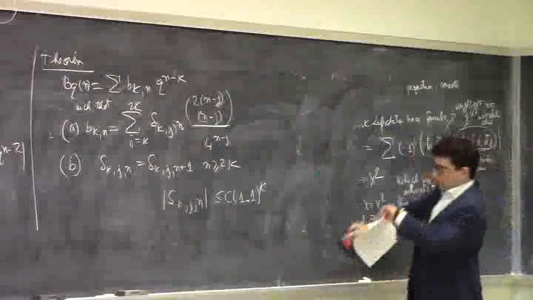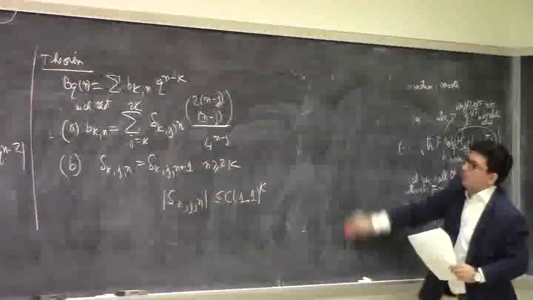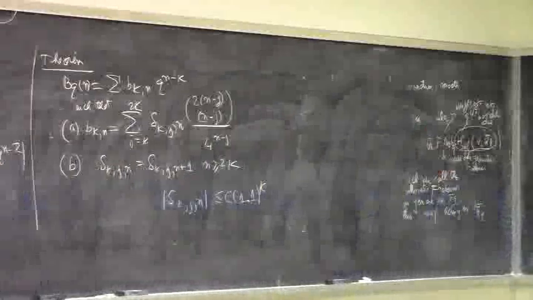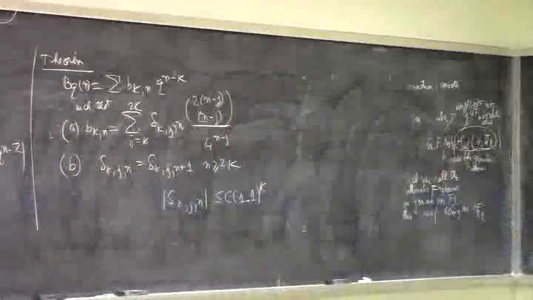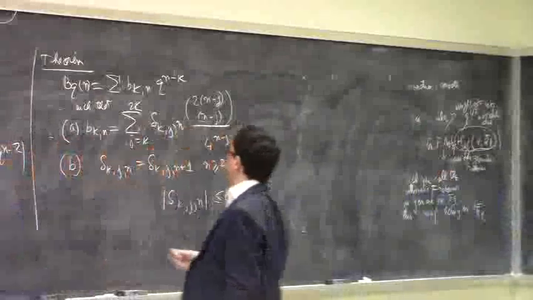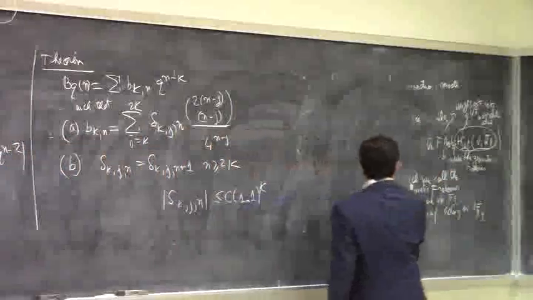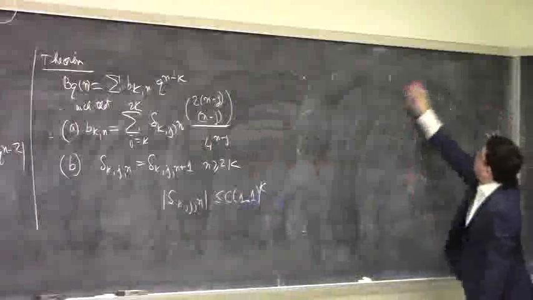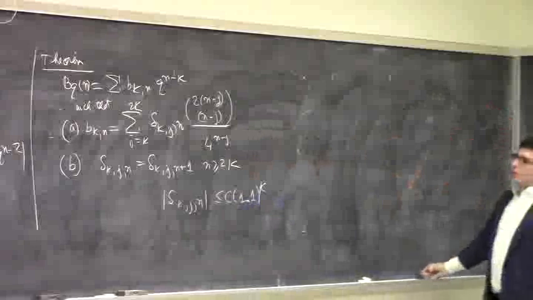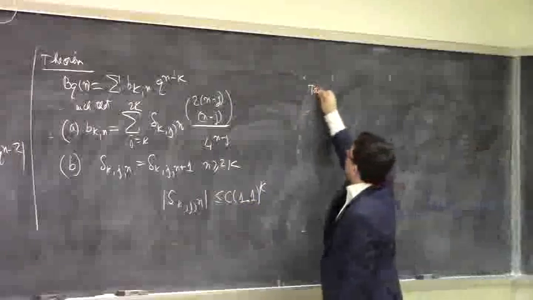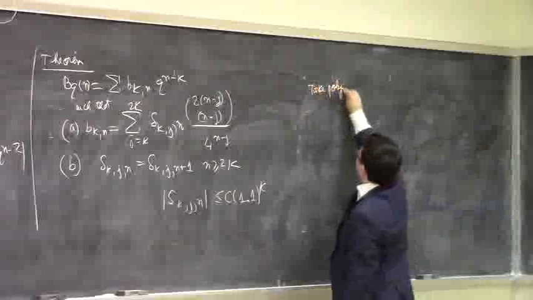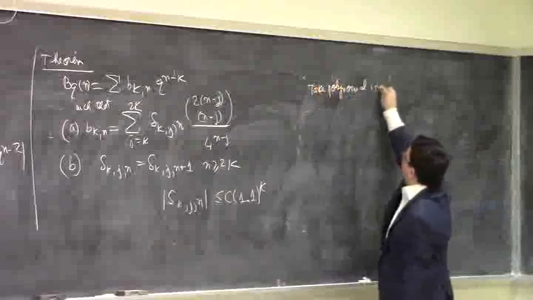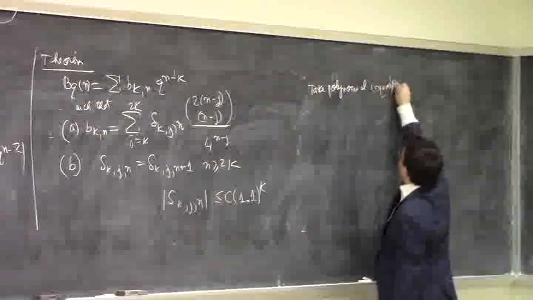Now, what about the proof? The proof will go in a similar style of looking at the roots. You look at how your polynomial splits. So take a polynomial. Again, I'll prove it for square free, and also without 0 as a root.